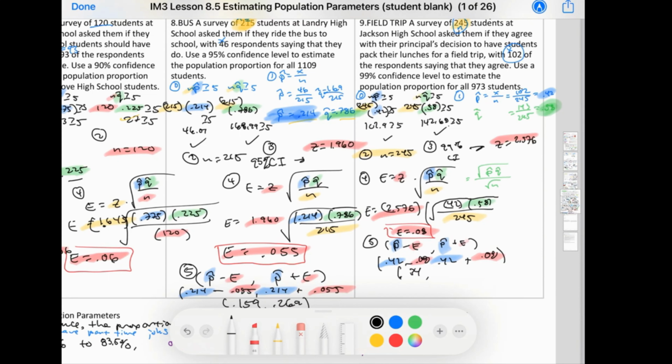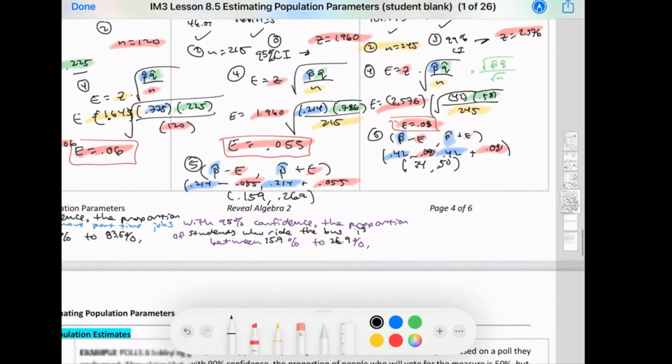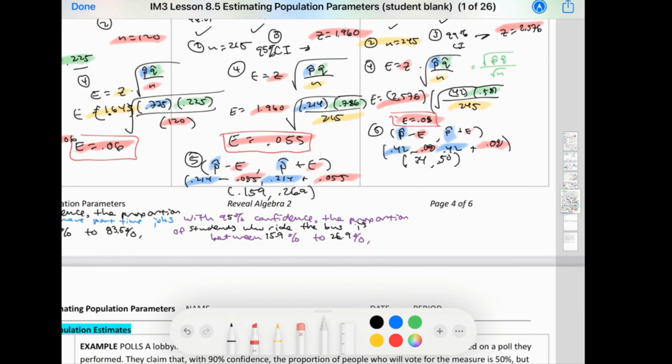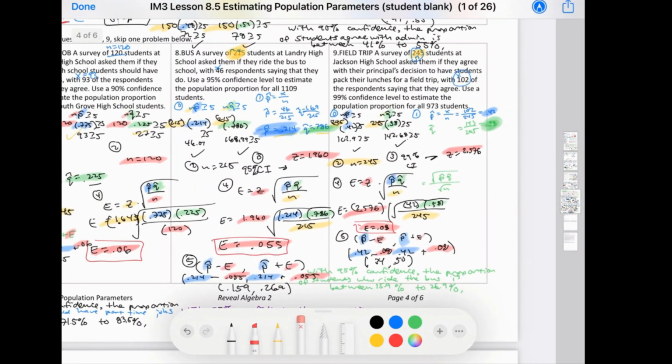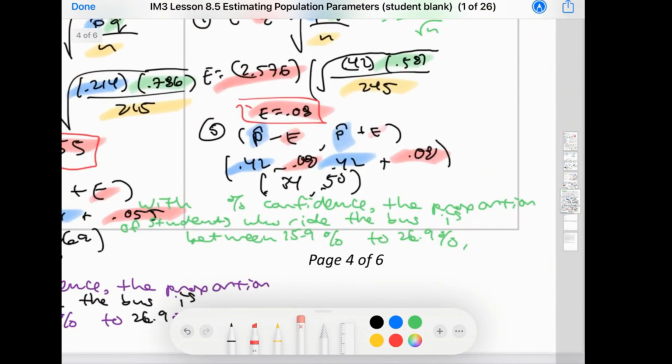0.34 and 0.50. And then if I take my magic marker and put it right there and turn it green. Okay, what do we got? So a 99% confidence interval.